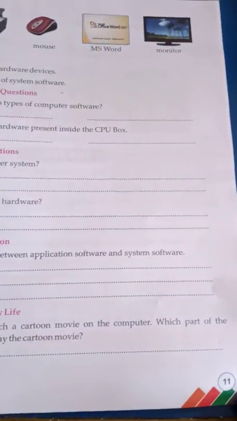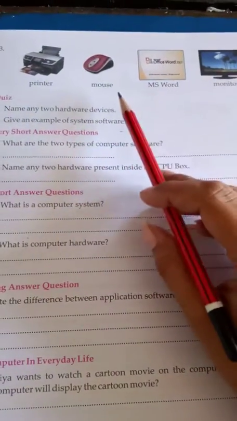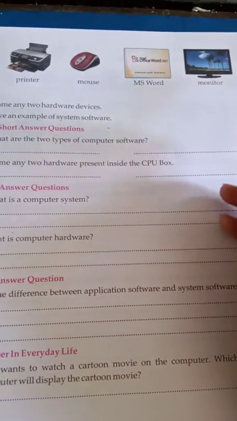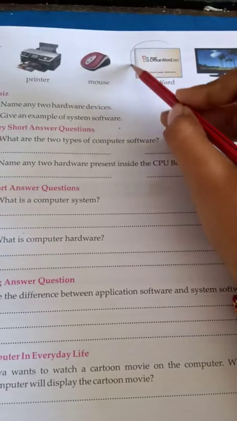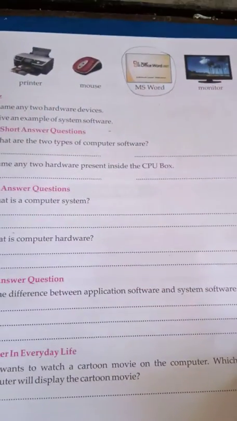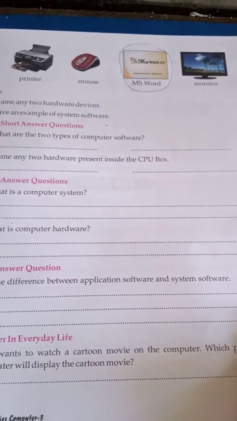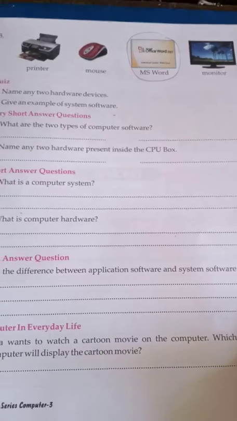Is that clear? Now come on page number 11. Third, printer, mouse, MS Word, monitor. MS Word is a software, but monitor, mouse and printer all three are hardware. So we will circle MS Word.